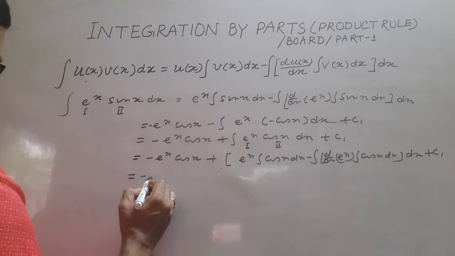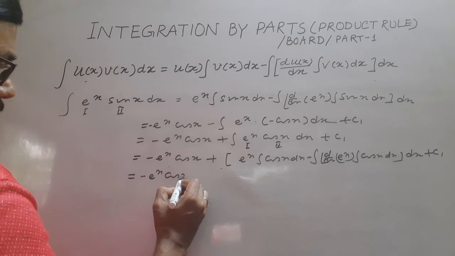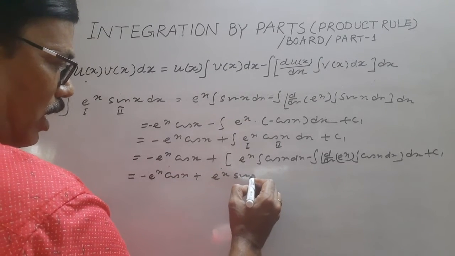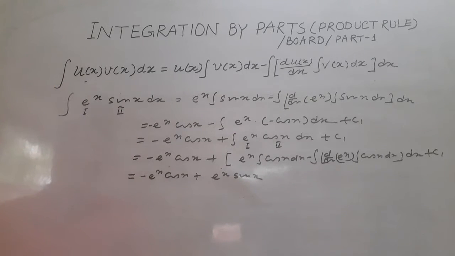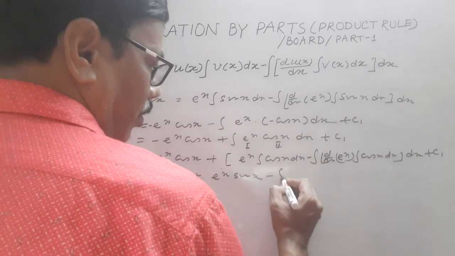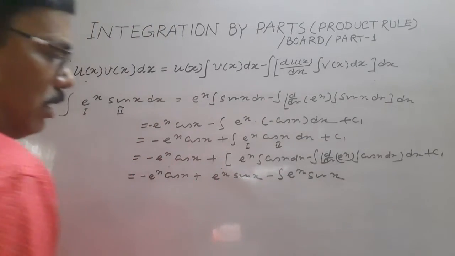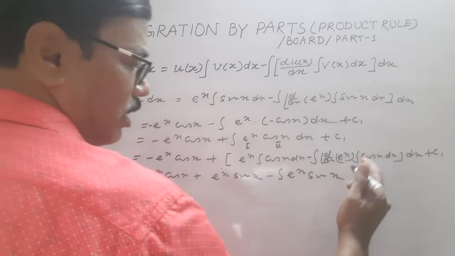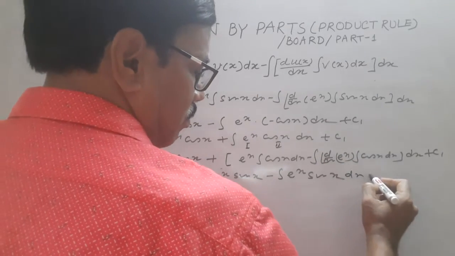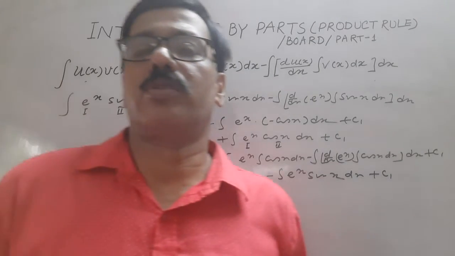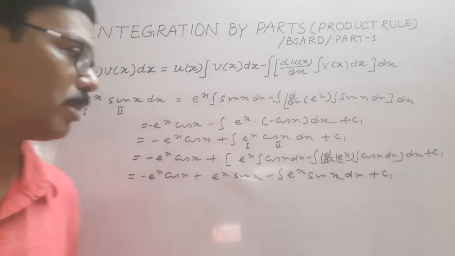So minus e to the power x cos x plus e to the power x into sin x minus integral of e to the power x sin x dx plus c1. Now look at the observations.